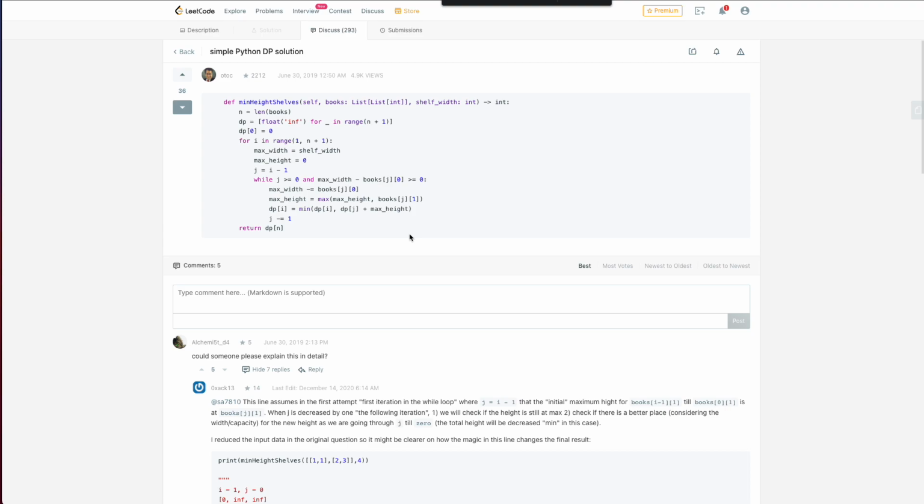So I guess the max height of our current row, right?